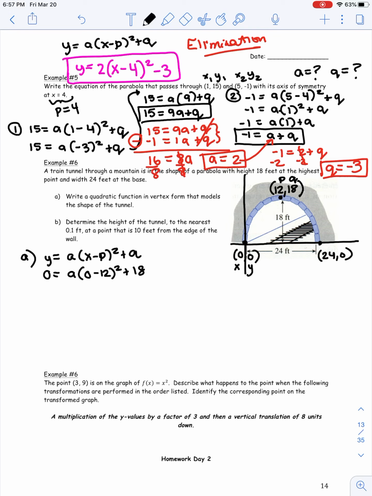We're going to bring this 18 to the other side by subtracting 18. So now we have negative 18 equals a, and then we have negative 12 squared, which becomes positive. Whenever you have a negative squared, it becomes positive 144. We're going to divide both sides by 144.